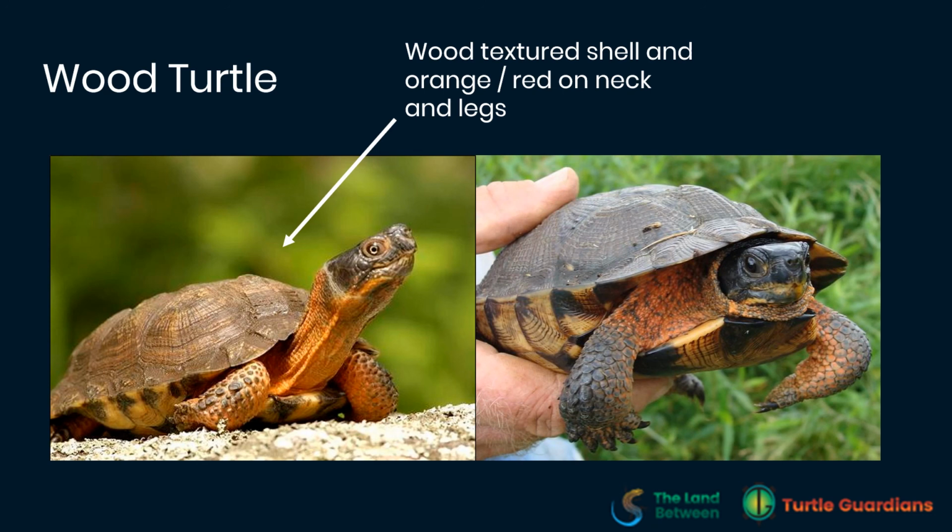And the best way to identify a wood turtle is its wood-like shell. So this shell resembles what you would think of as more of a tortoise shell. It's very sculpted and it sort of has a texture of wood, hence its name. It also has an orange neck and orange forelimbs, and it is a very, very smart turtle.